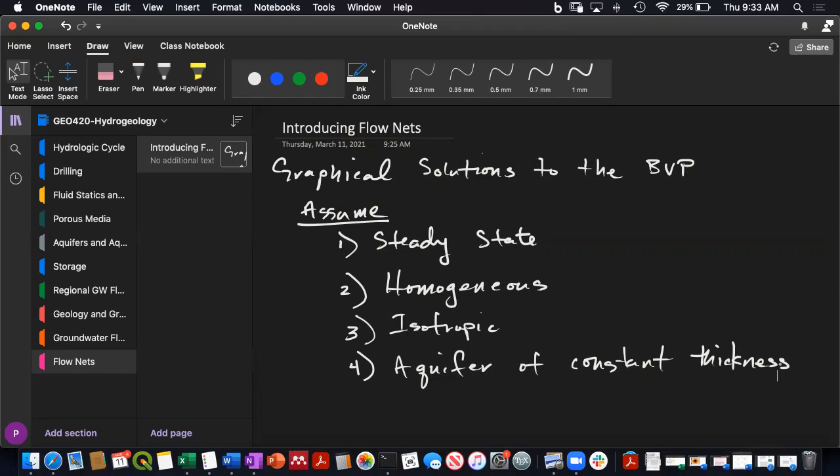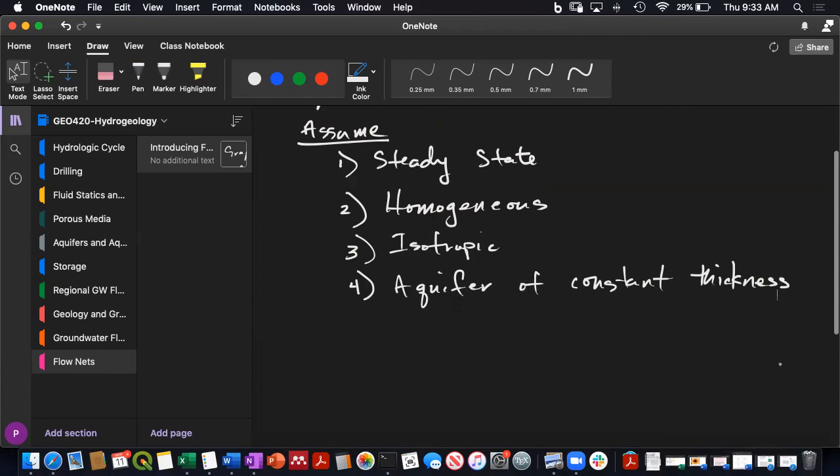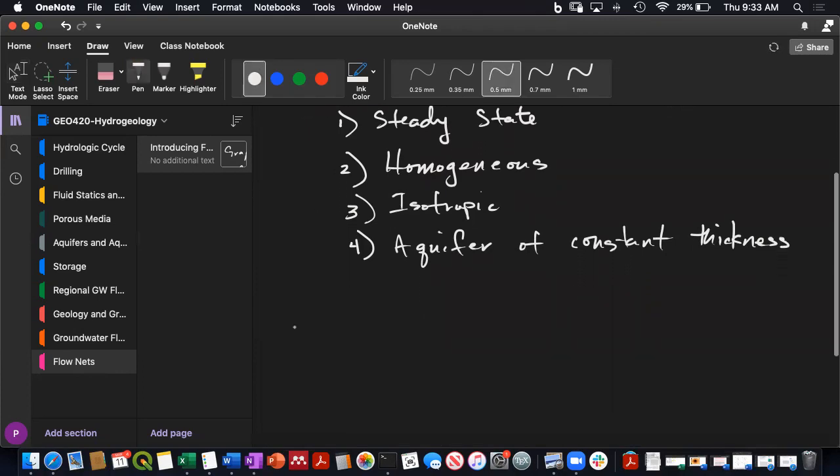Okay, so let's just talk about the flow net now. At its basis, a flow net is two sets of curves.